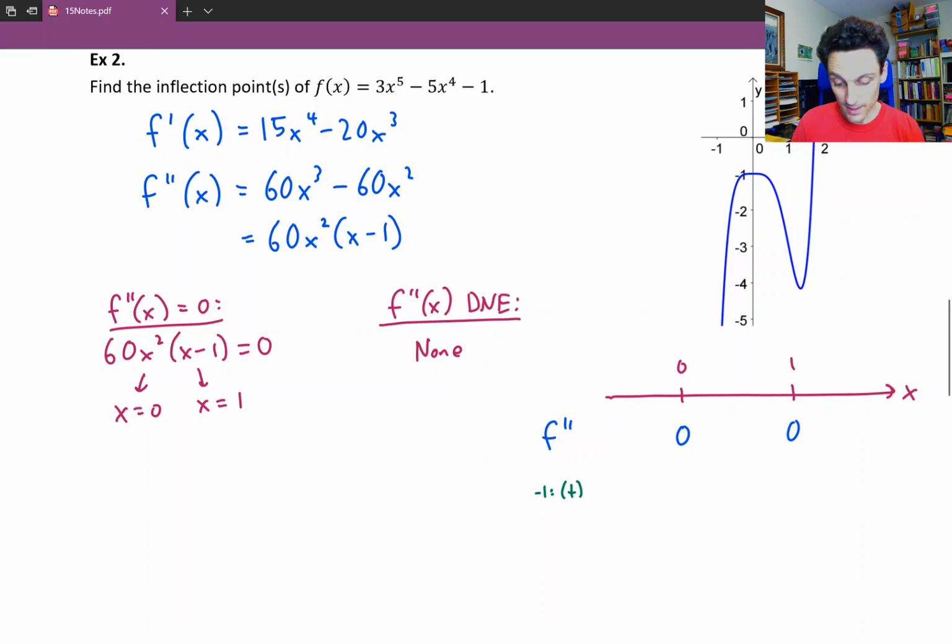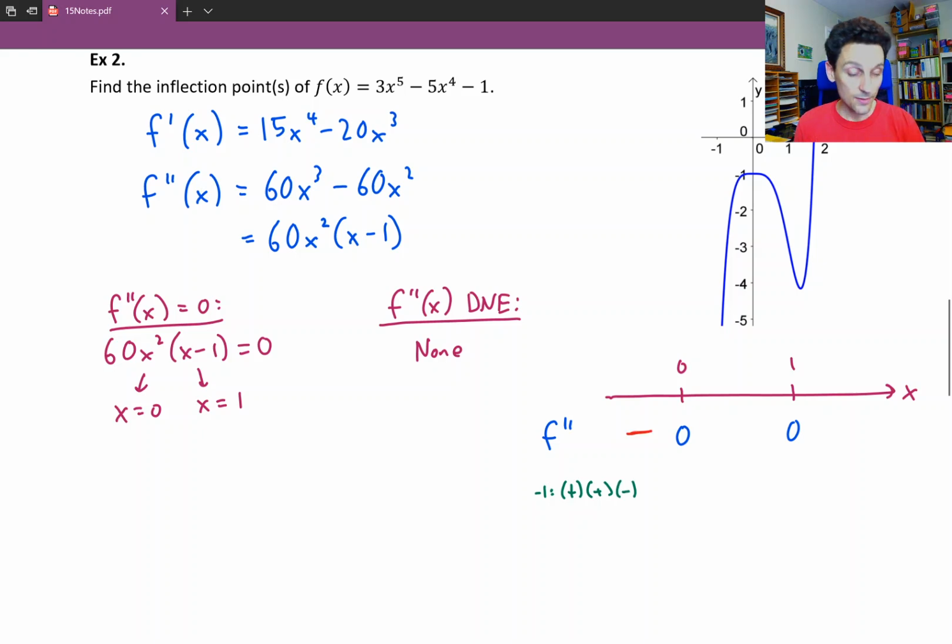This one, if you plug in -1, when you square it, it becomes positive 1. So that's going to be a positive x squared. And then when you plug in -1 to the x minus 1, you get a negative factor. So overall, it looks like we get a negative value for the second derivative.